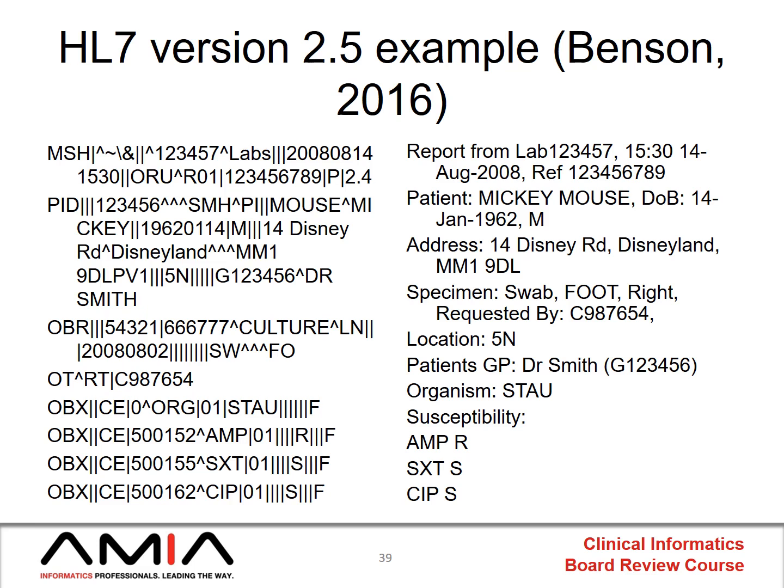There's a patient who has a date of birth and an address. The message concerns the results of a swab of the right foot that was done at a certain location in the hospital by a certain physician. The swab grew out a particular type of organism, Staphylococcal aureus, and it has varying susceptibility to different antibiotics.